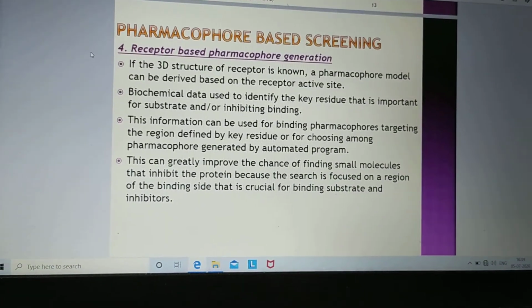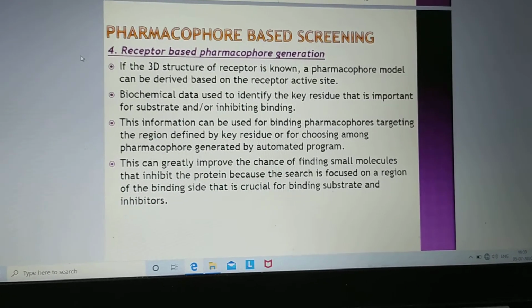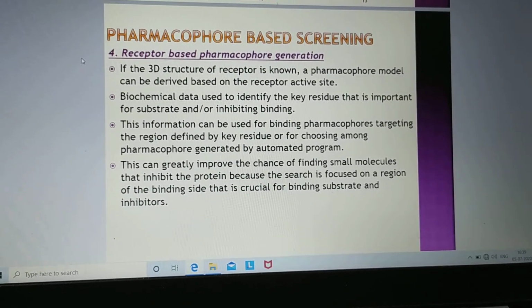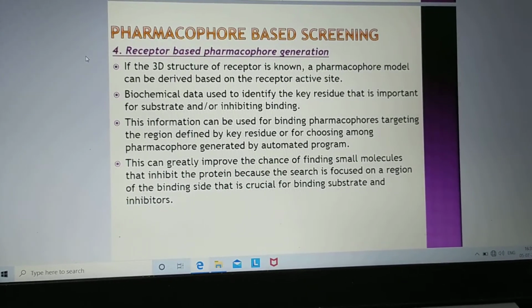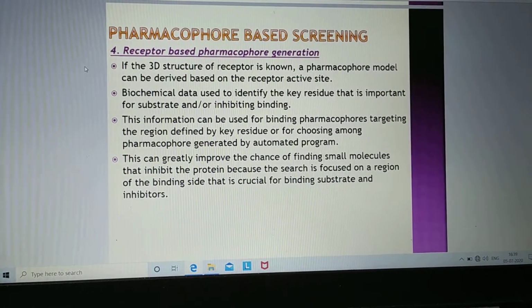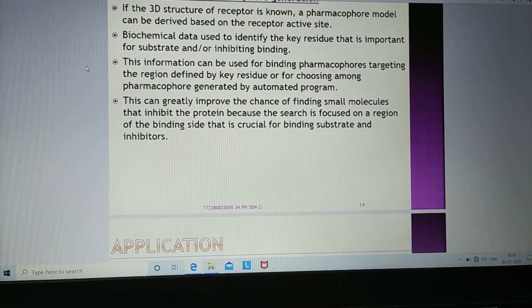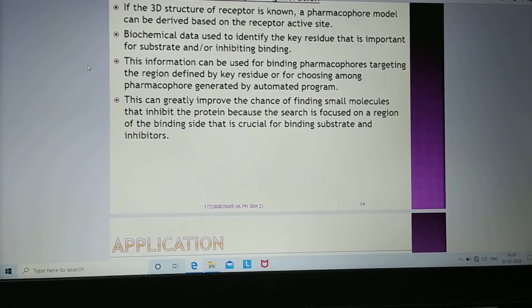Pharmacophore-based screening. Receptor-based pharmacophore generation. If the 3D structure of the receptor is known, a pharmacophore model can be derived based on the receptor active site. Biochemical data are used to identify the key residues that are important for substrate and inhibitor binding.